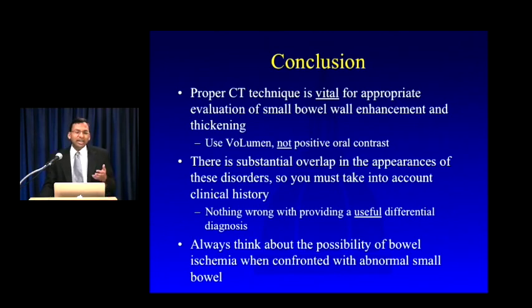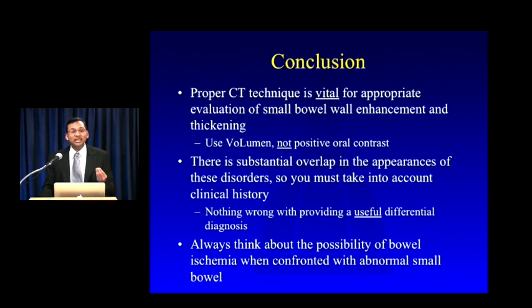Secondly, intrinsically, when you're dealing with a small bowel, you have to realize that there's a substantial overlap in the appearance of many of these disorders. And just based on the CT appearance alone, I think in many cases it is not going to be possible to make a specific diagnosis. If you really want to be helpful to your clinician, if you really want to provide a more abbreviated differential diagnosis or even a specific diagnosis, you really do have to look at the patient's clinical history.